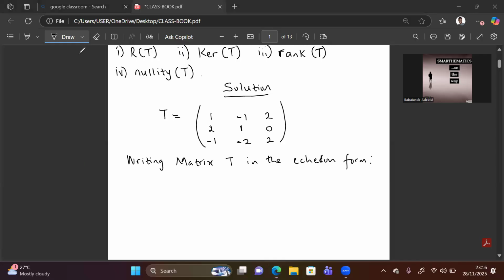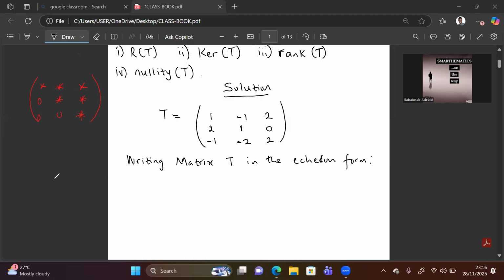I can still help you put something like that here. We have star, star, star. This should be 0, star, star. This will be 0, 0, star, or sometimes can even be 0. All right, so this is where we are going. This is a 3 by 3 matrix, 3 rows, 3 columns.